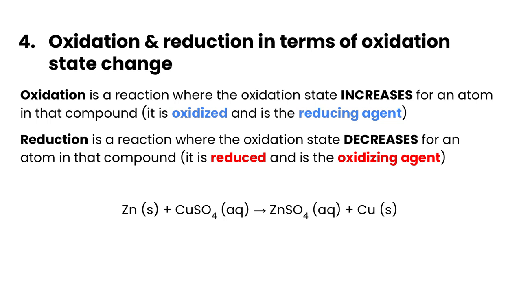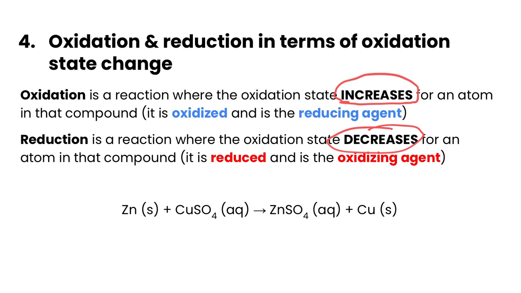Oxidation is a reaction where the oxidation state increases for an atom in the compound, whereas reduction is a reaction where the oxidation state decreases. So it's easy to remember because reduction means going down. So the oxidation state number going down tells you that it's reduction, and then you can remember that oxidation is the opposite.